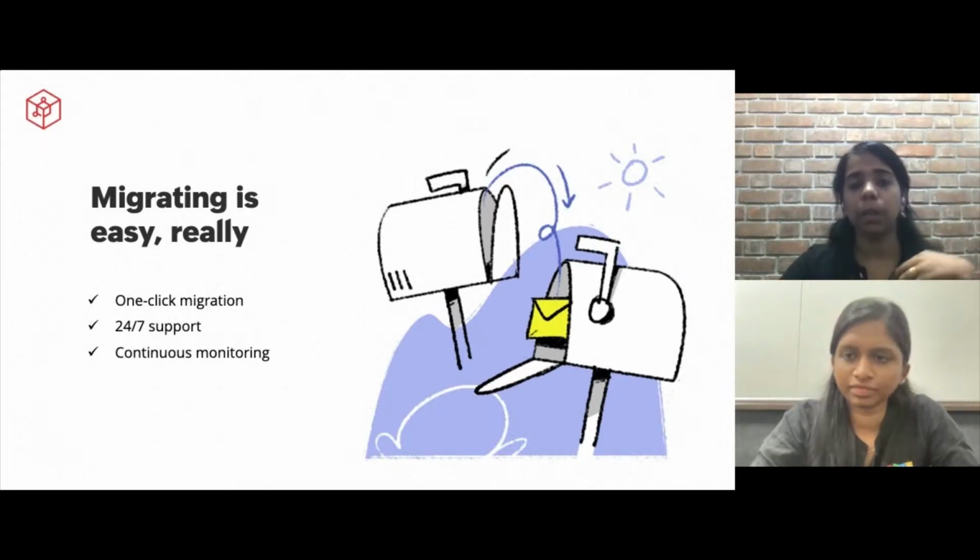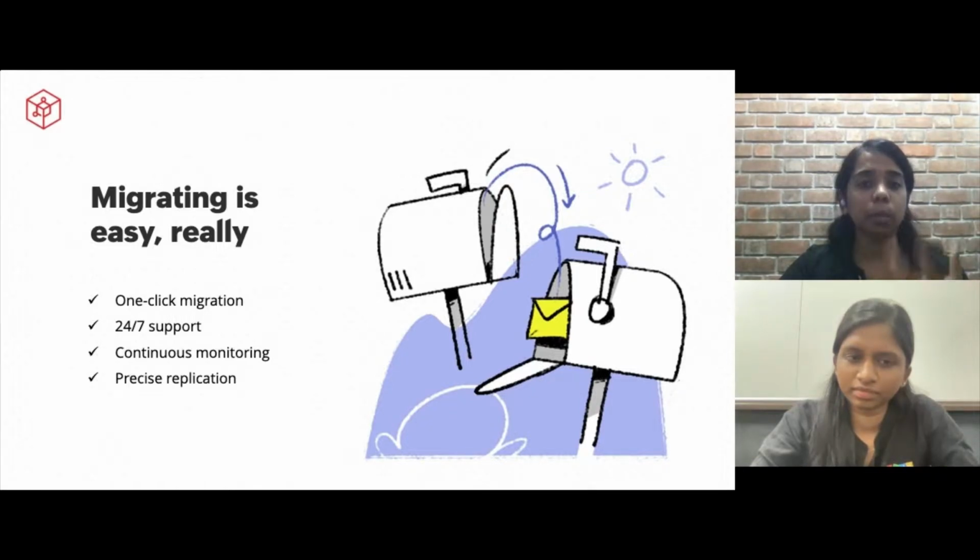And even as you migrate, there's a support team 24/7 to help you with the process. And we continuously monitor the migration and we make sure that data is transferred completely with zero loss.